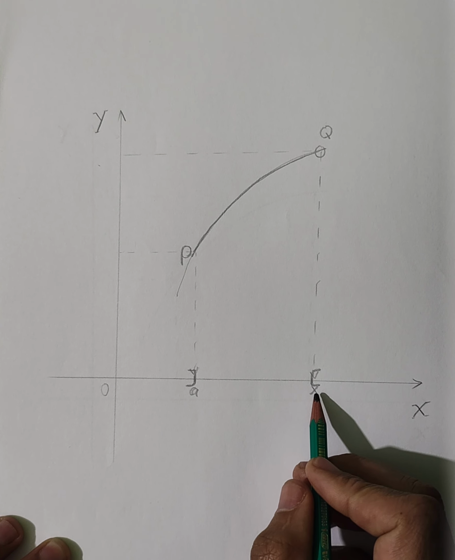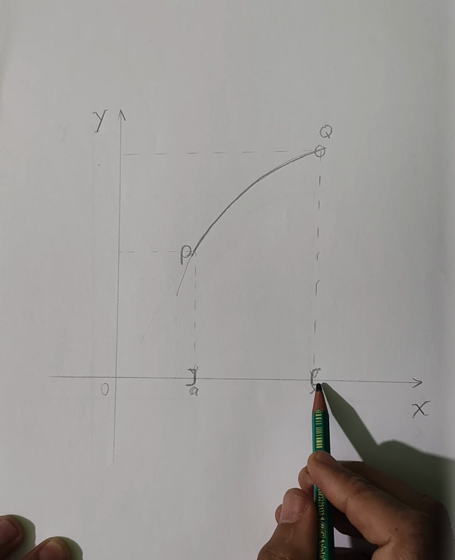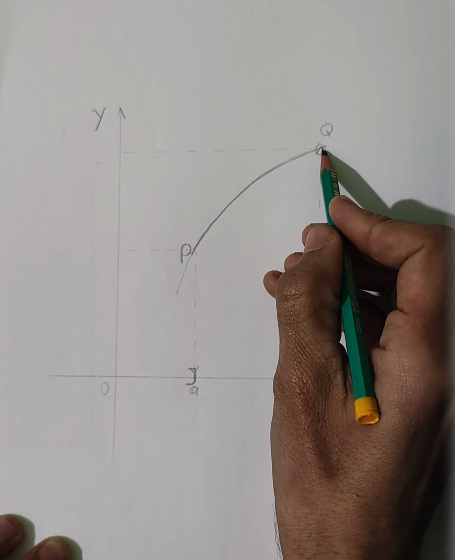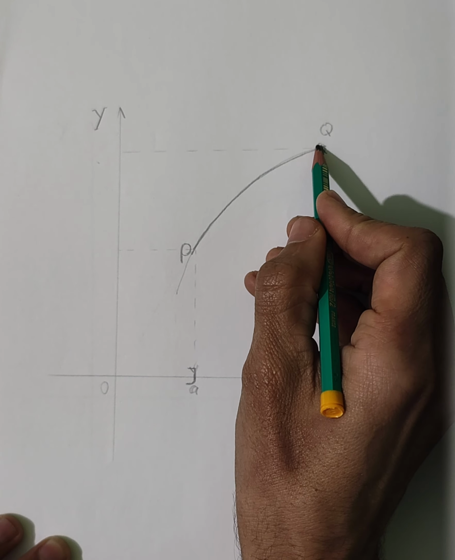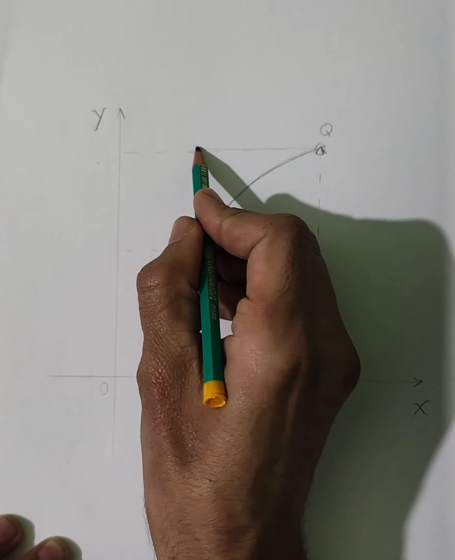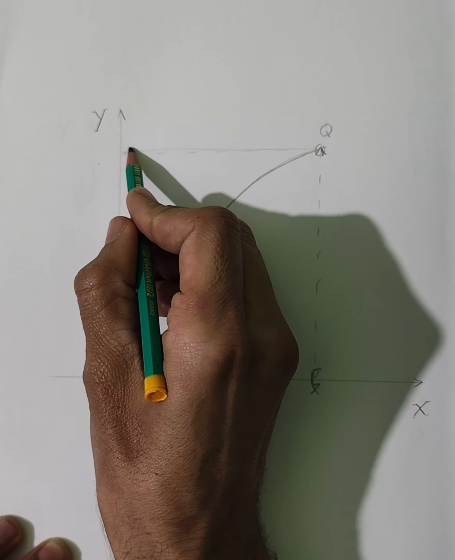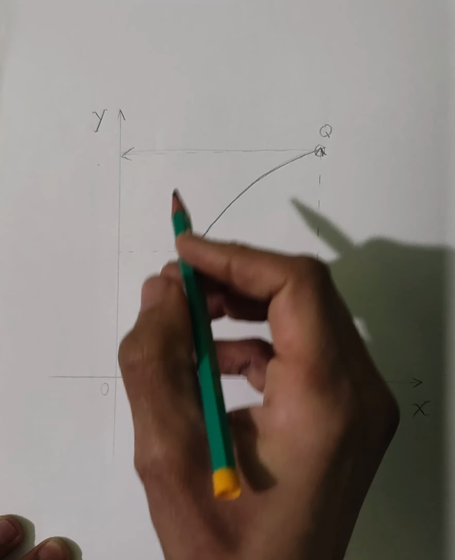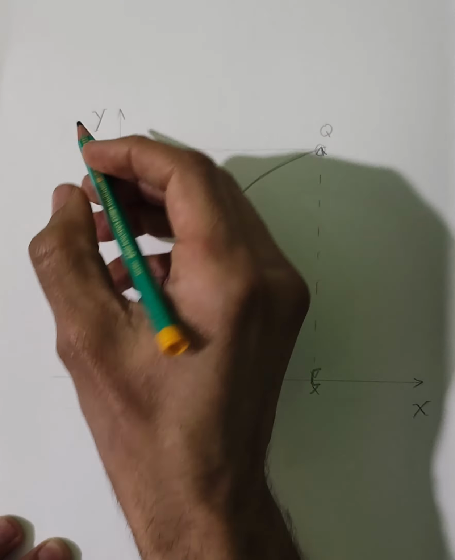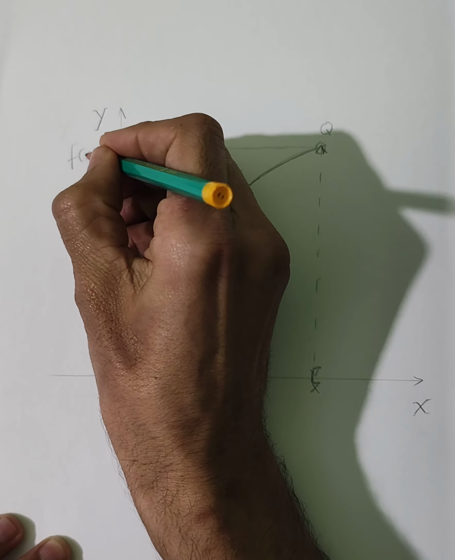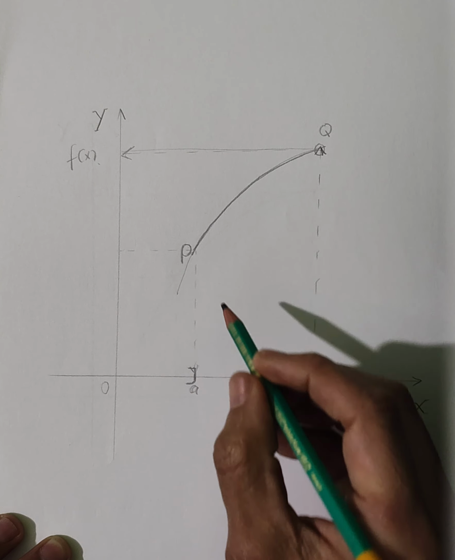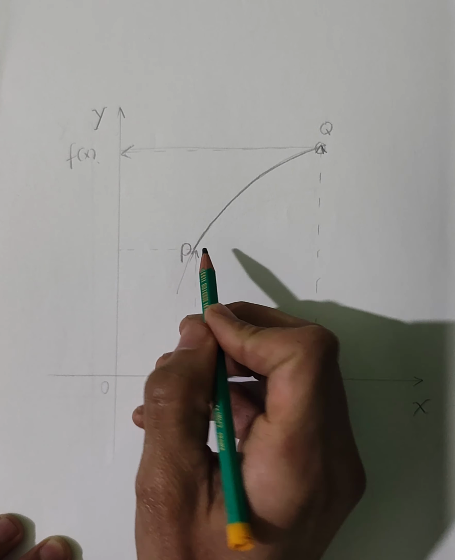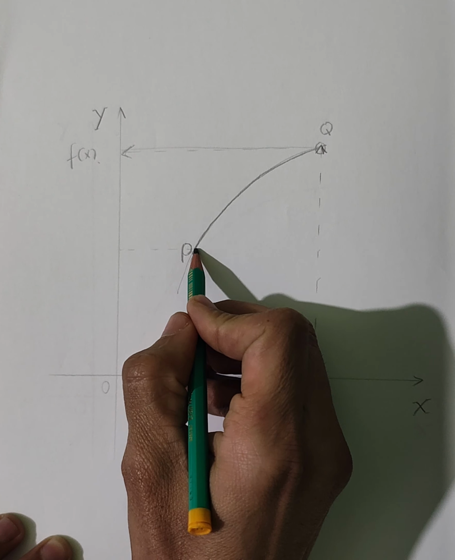And by connection of this point to this projection in the y-axis, we have the image of x, f of x, and here this is the same thing for a.